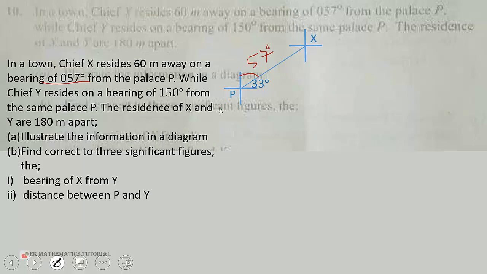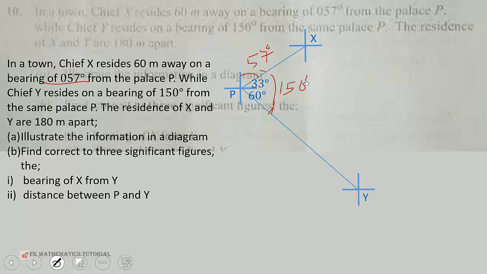So that is P and that is X. 150 degrees will make 60 degrees with the horizontal, because from here to here is 150, and 150 minus 90 is 60. So Y will be located down here.